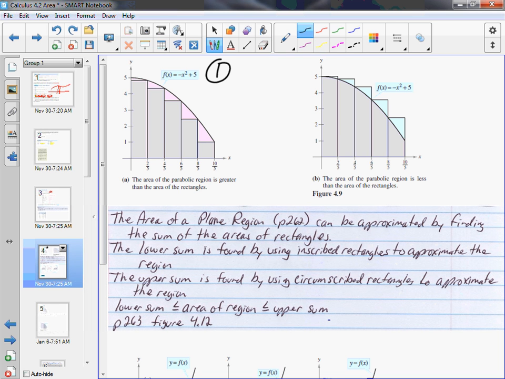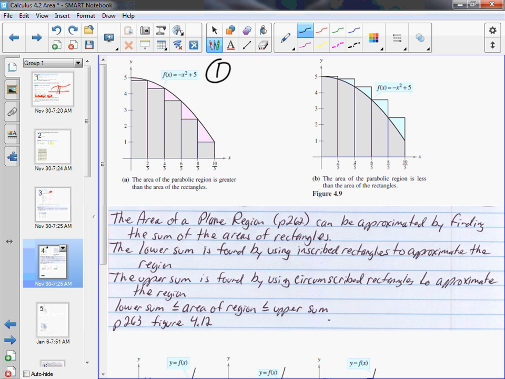Here in figure 1, all they've done is put rectangles underneath the curve, where the height of the rectangle is always less than or equal to the curve. Okay? That's called a lower sum. And the rectangles that fit underneath the curve are called inscribed rectangles.